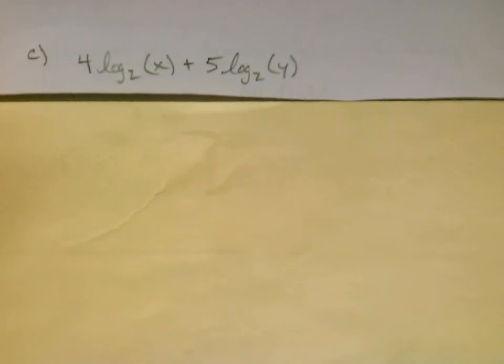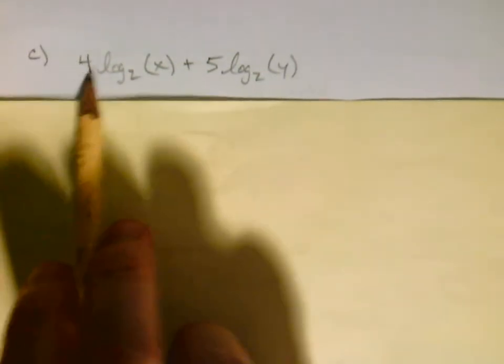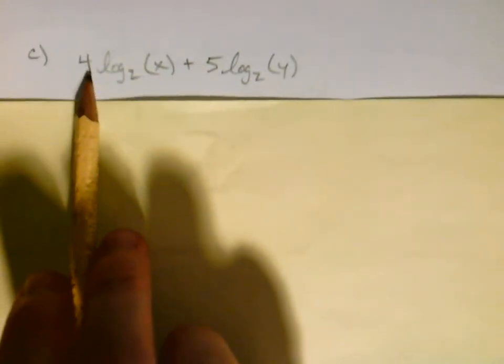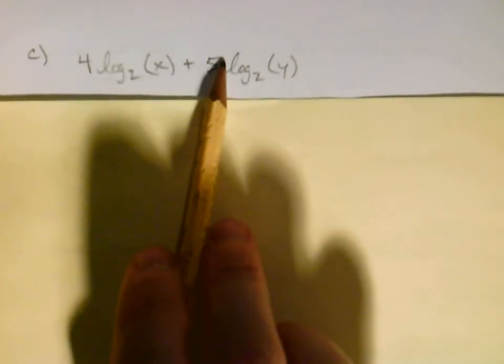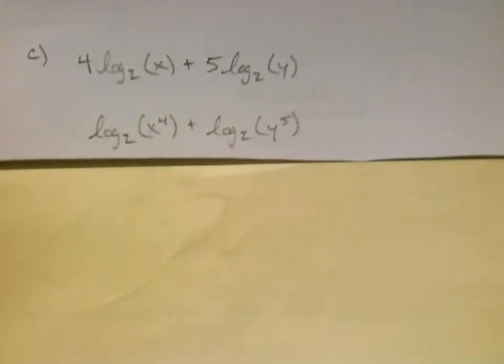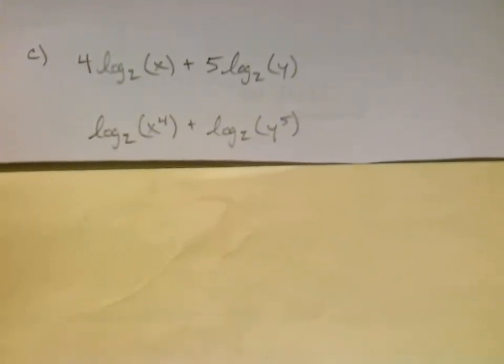Okay, the first thing we need to do is work with those coefficients. Property number 4 about adding does not have any numbers in front of the logs. So we need to move that 4 and we need to move that 5 like so. We have to do that first.